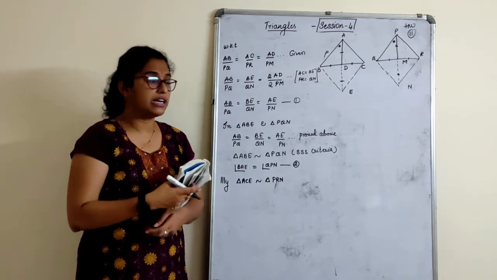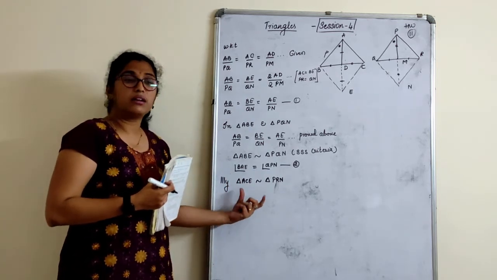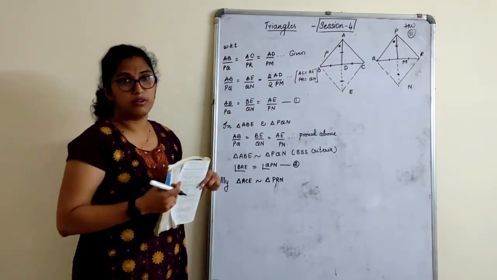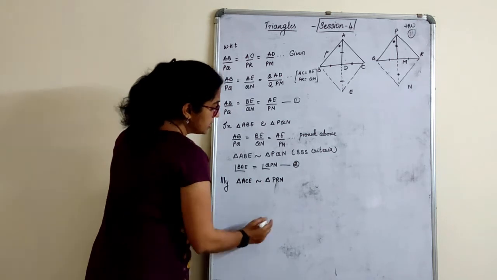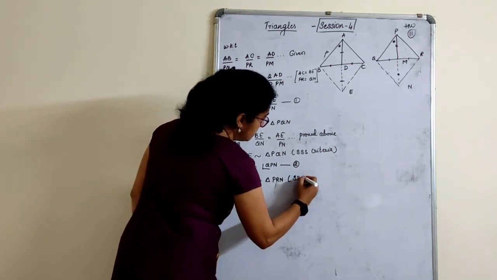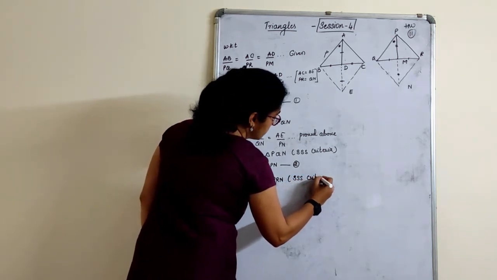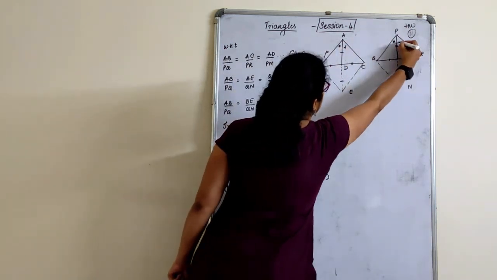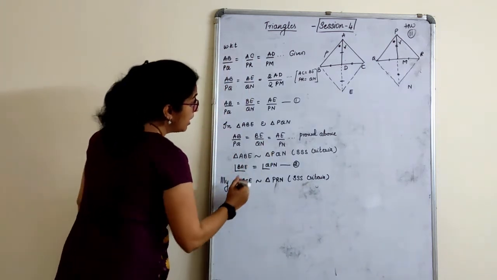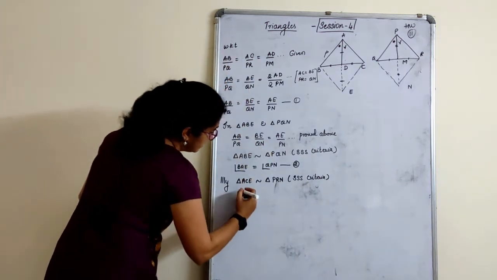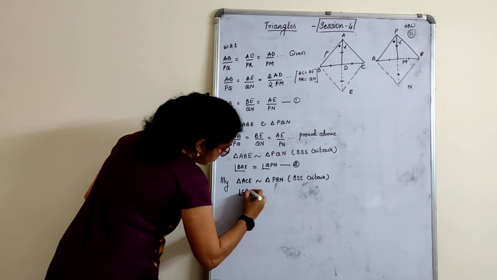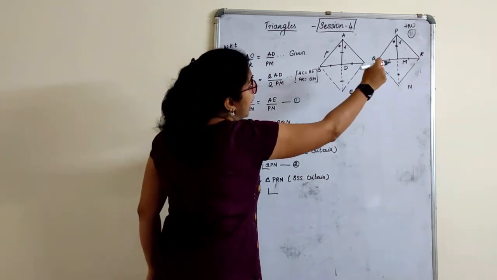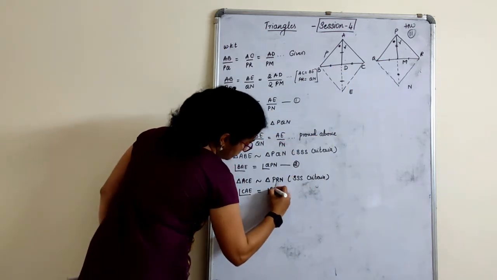Talk to your teachers and find out whether it is okay if I write similarly, or I have to repeat the whole thing for that side of the triangle also. It's a similar thing you are doing. Triangle ACE is similar to PRN, again by SSS criteria only. From this I can tell this angle is equal to this angle, children. How do we get that? Angle CAE is equal to angle RPN.